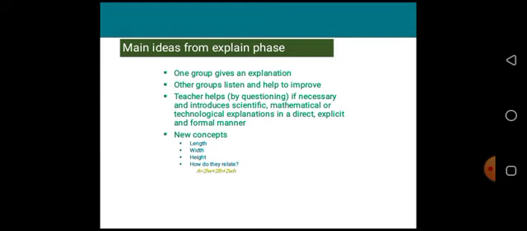One group gives an explanation, other groups listen and help to improve. The teacher helps by questioning if necessary and introduces scientific, mathematical, or technical explanations in a direct, explicit, and formal manner.